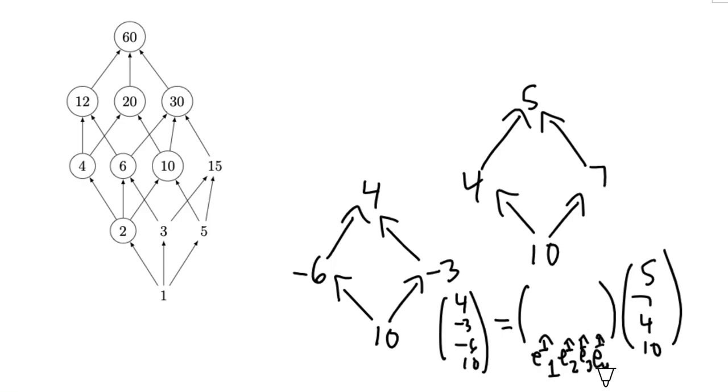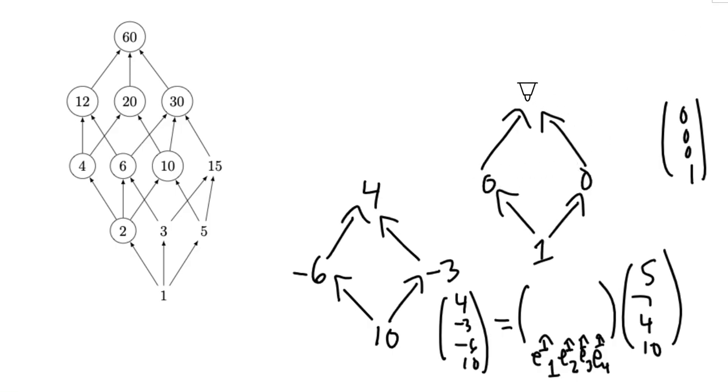For instance, let's look at E4. What would that be? The input's going to have a 1, and the rest are going to be zeros, because you're going to be inputting the column 0, 0, 0, 1, and that's going to look like 1, 0, 0, 0.